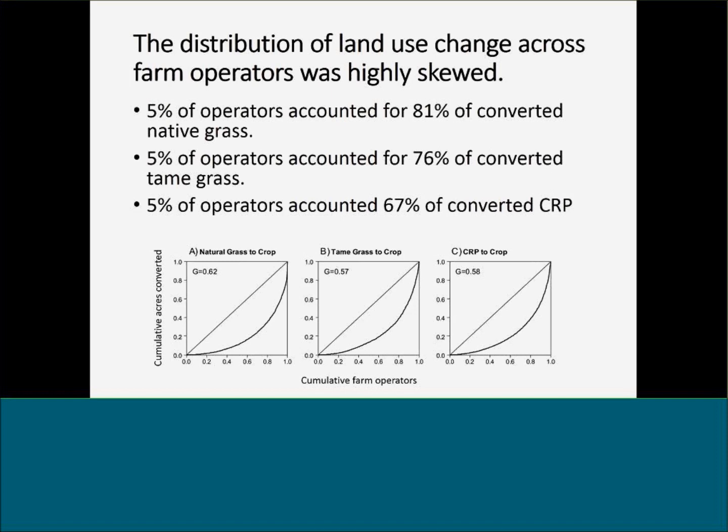But in all of these cases, we end up with a high value of what's called the Gini coefficient. And again, basically that's just another way of crunching these numbers and saying that it's really the relatively small number of operators who are doing most of the conversion here.